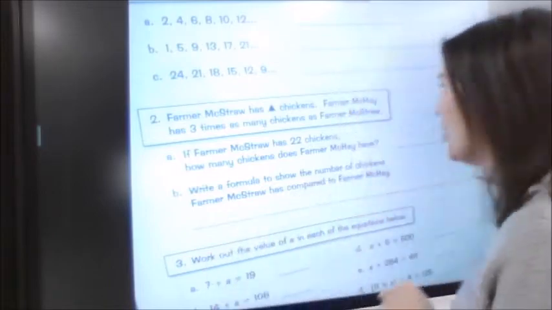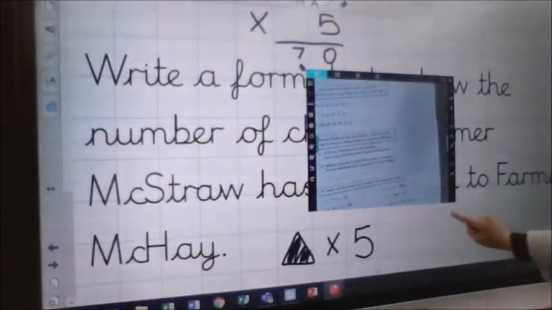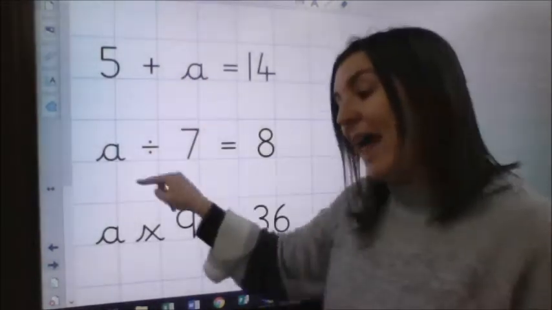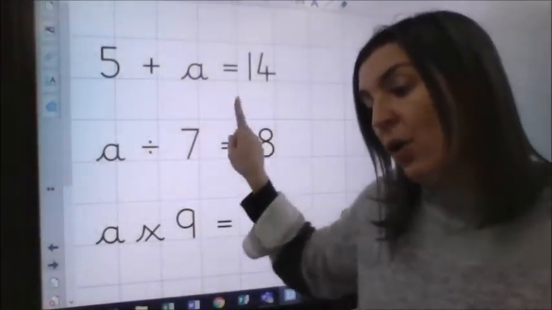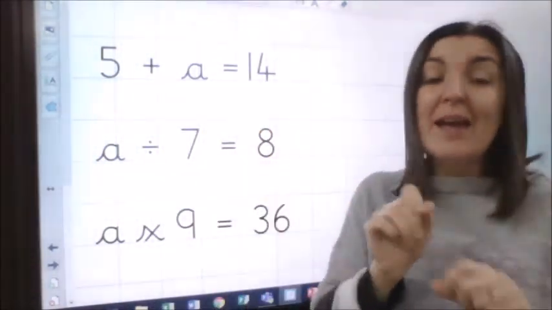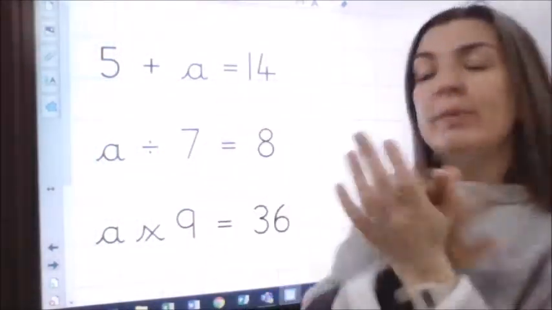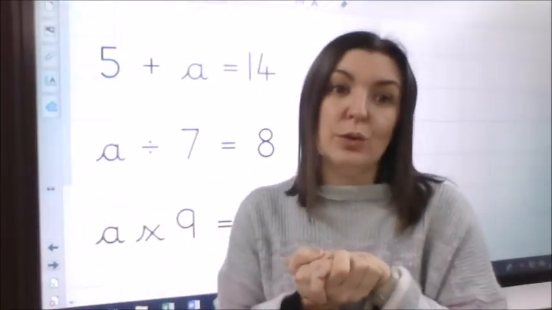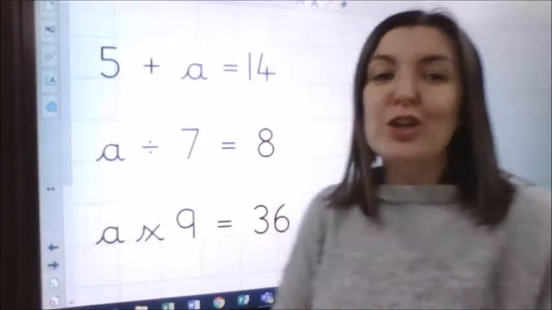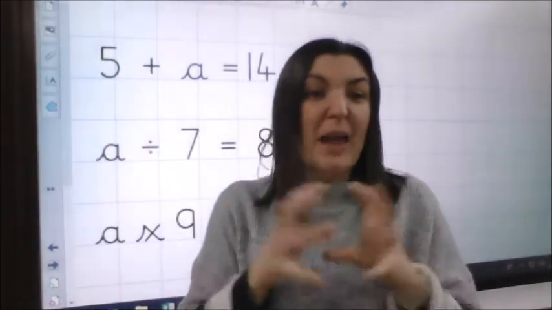Right, so section 3. I'm going to give you a couple of tips to help you answer section 3. So you've got letters this time. Now all of your letters are an A. So that just means that the A can be any number at all. If that was just a blank box, it just means like a blank box.